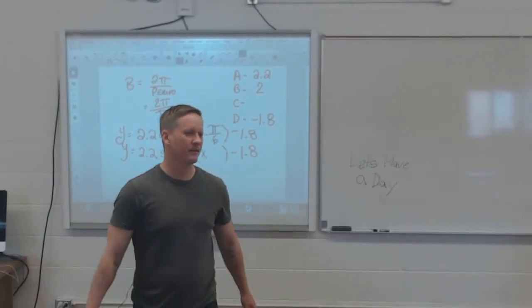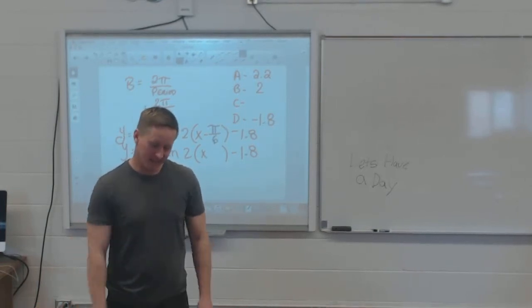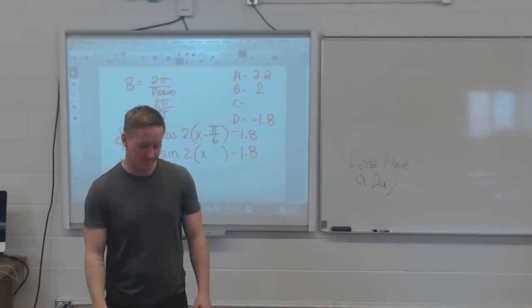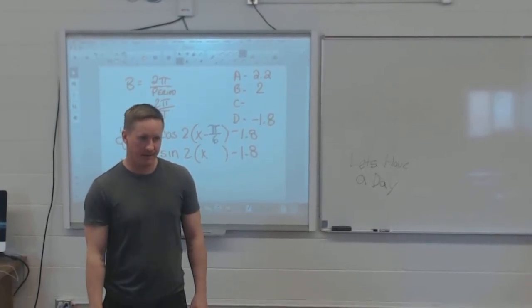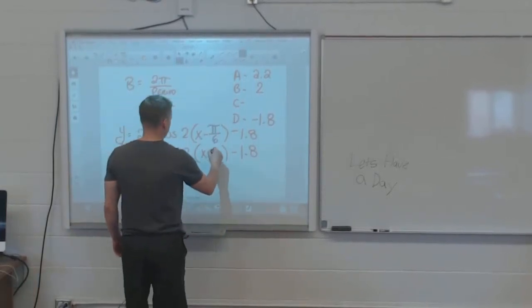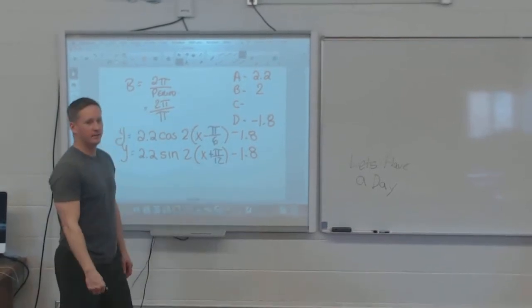Oh, that's good. That's good. You're thinking going back pi over 12 to the left there? Yeah. We're guessing a bit, but yeah. That's pretty good. I'd say you're probably right.